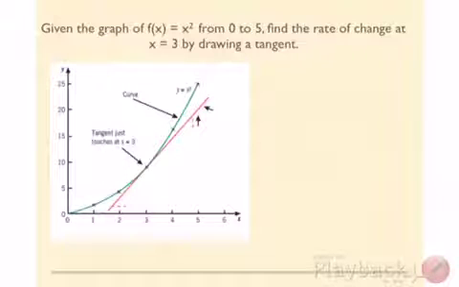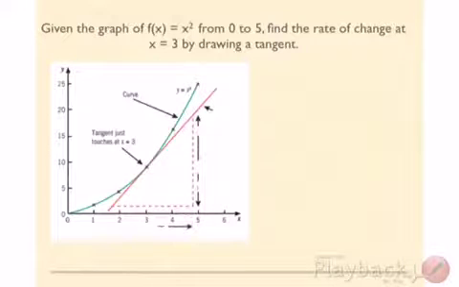Now what I'm going to do is work out the gradient of this tangent, and that will tell me the gradient at this exact point. So again, change in y over change in x. If I choose my 2 points on the tangent this time, because I'm trying to find the slope of the tangent, which is then going to give me the slope of the point. So I could choose 2, 3.